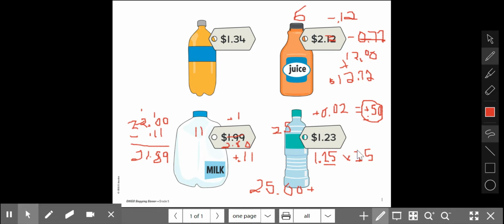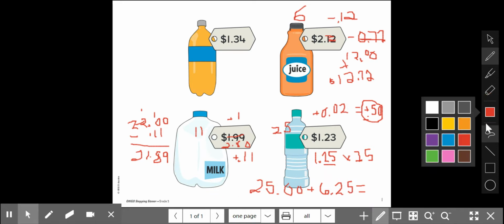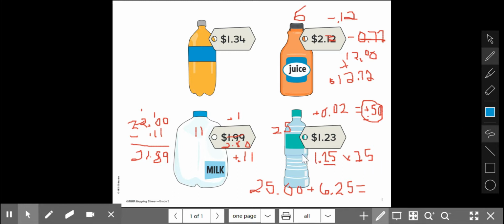Well, if I know that 4 quarters are in $1, I'll take 4 into 25. 4 goes into 25 6 whole times, so I've got $6, and I've got 1 quarter left over. $6.25 plus 25 is, I'll pick a different color here, $31. That's a terrible color to use on this. $31.25.